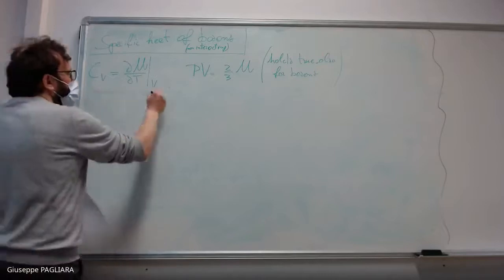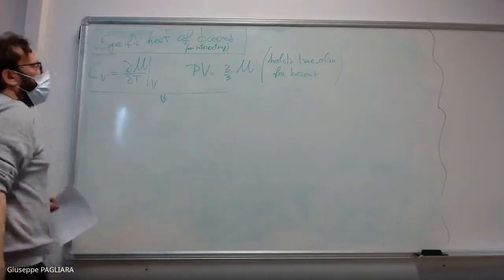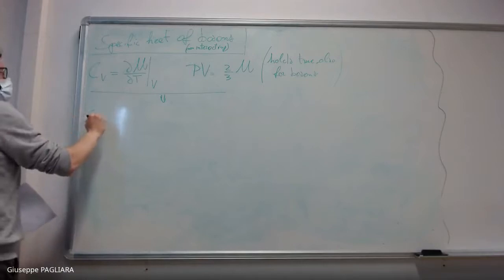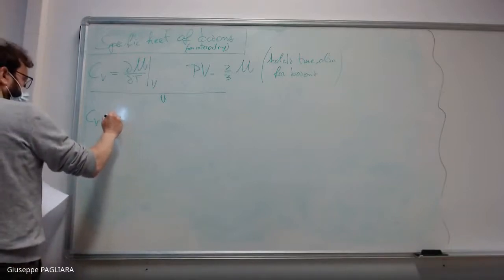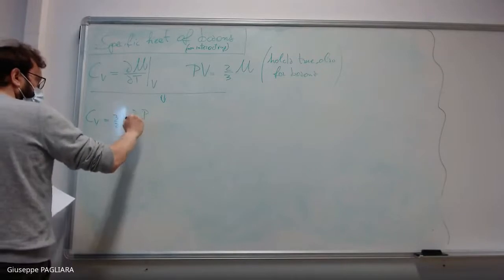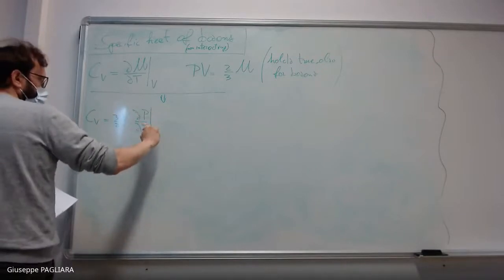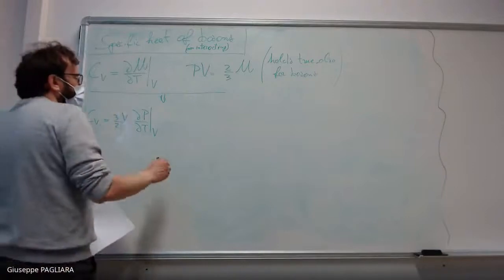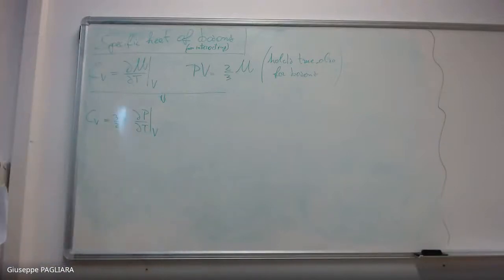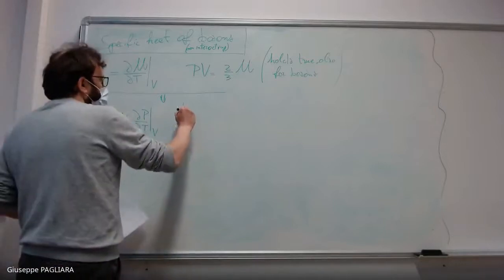Okay. So by using these two equations, the specific heat Cv is equal to 3/2 the volume times the derivative of P with respect to temperature at fixed volume. Okay. Now let me divide by N kB in order to find the specific heat per number of particles, just to compare with the classical result.